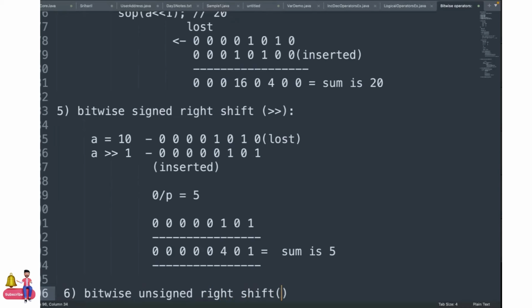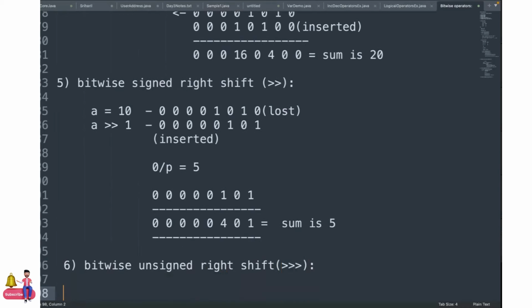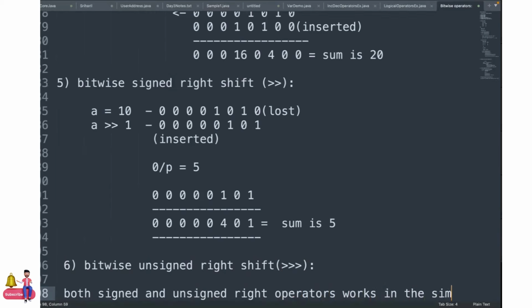The symbol which we use is three greater-than symbols. Both signed and unsigned right shift operators work in a similar manner.